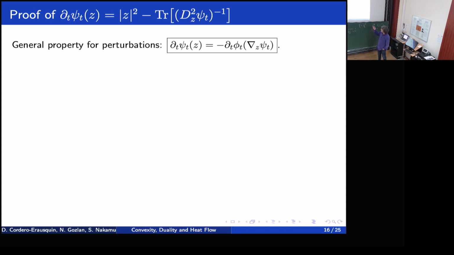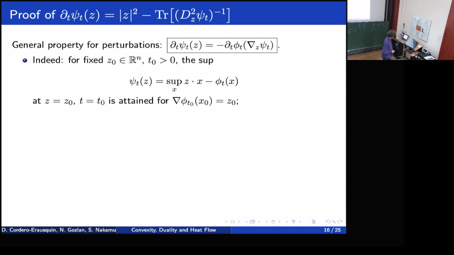particular to the specific evolution, is what happens to the Legendre transform when you perturb a convex function. So this is a general fact, and this is the proof of it.